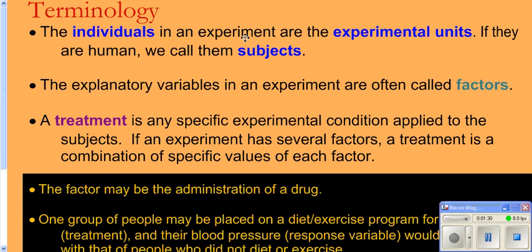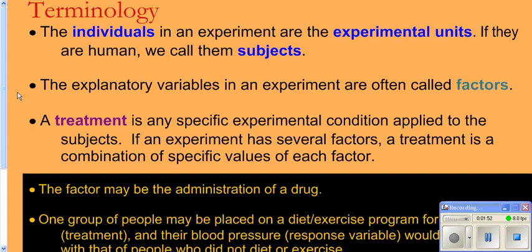Now, individuals in an experiment are experimental units. If you're dealing with humans, they're called subjects. Explanatory variables are the factors. Our treatment is any specific experimental condition that we are imposing on our subjects.